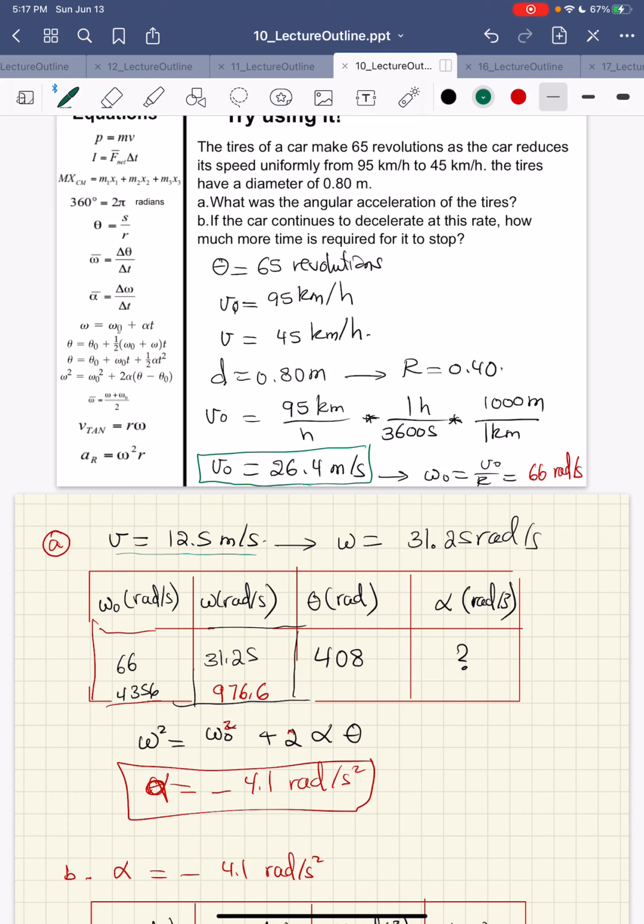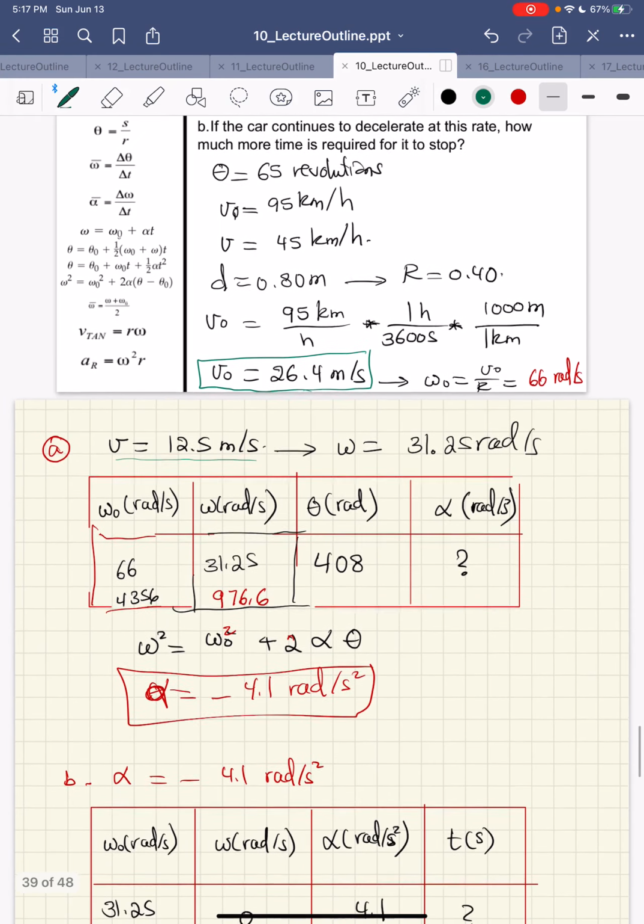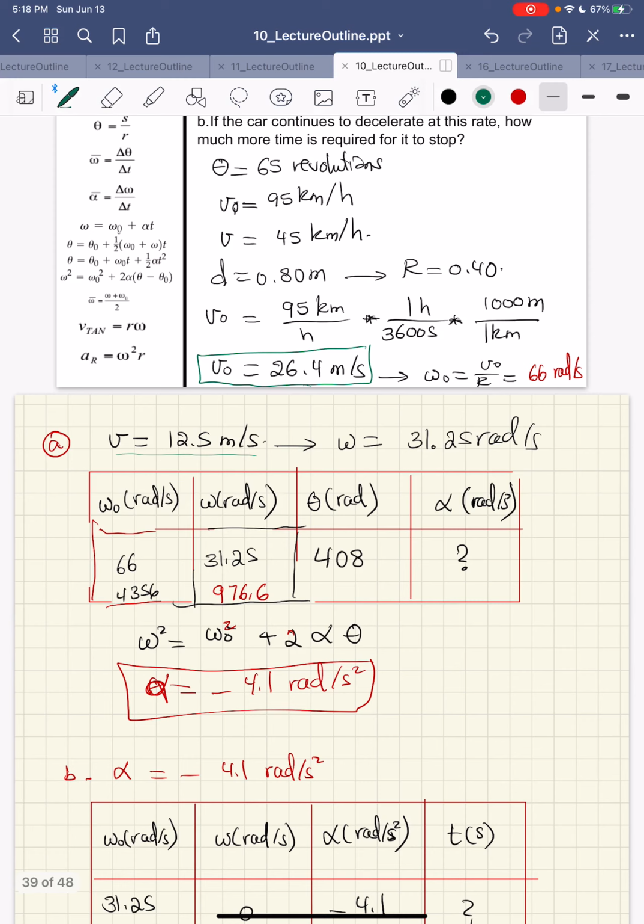Now I have enough information to calculate alpha, by having this table here with the initial angular velocity, the final, and theta, and I have to calculate alpha. Using that equation, I will be able to calculate alpha as negative 4.1 radians per second squared.